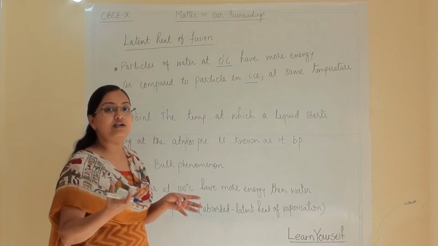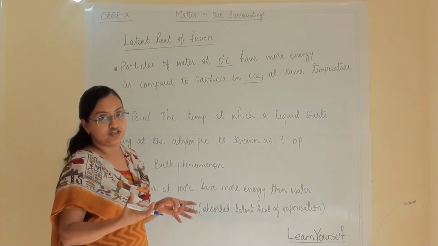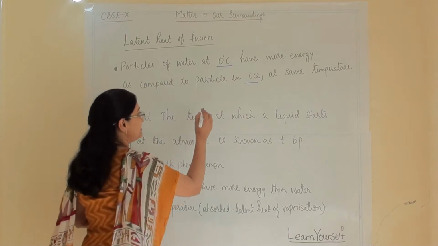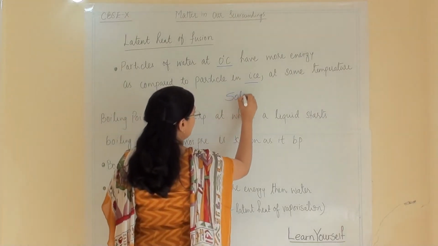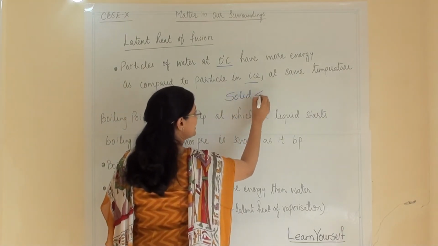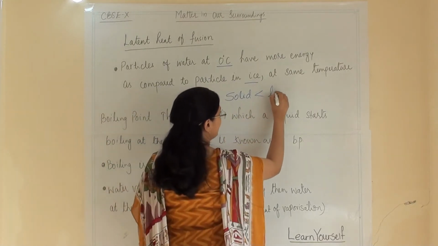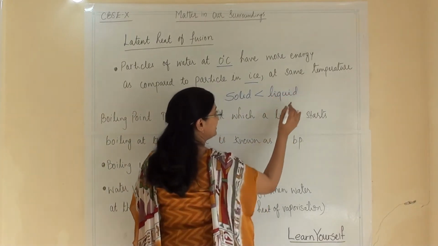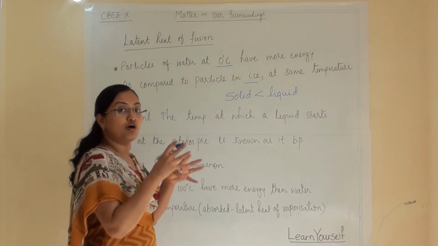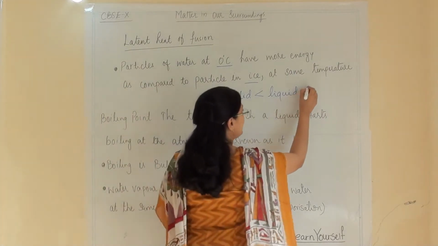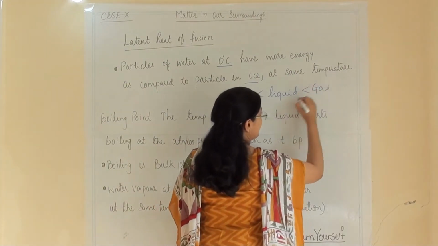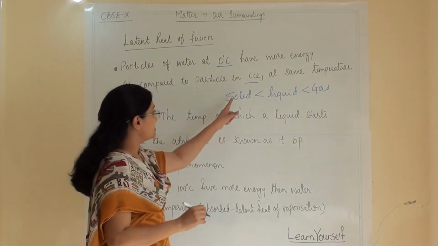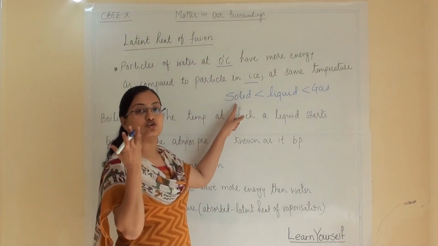Obviously the energy level of particles in a solid is less than in a liquid, and the energy level of liquid particles is less than gaseous particles, because here they are in a closed compact structure.